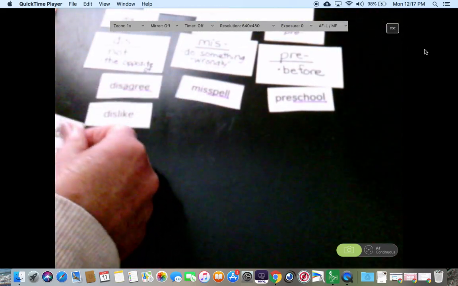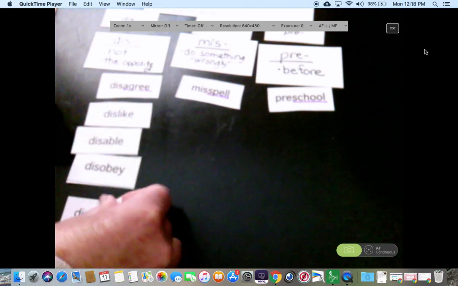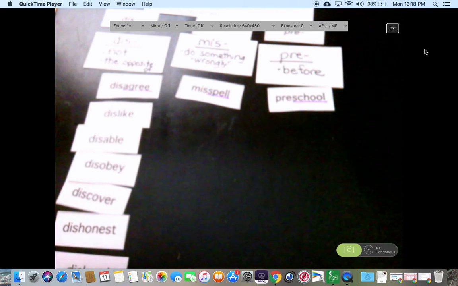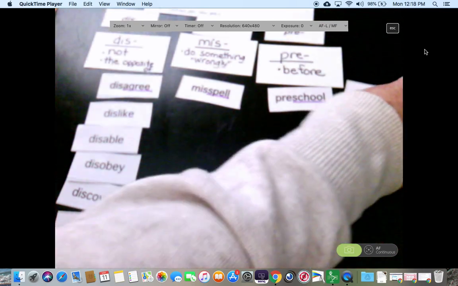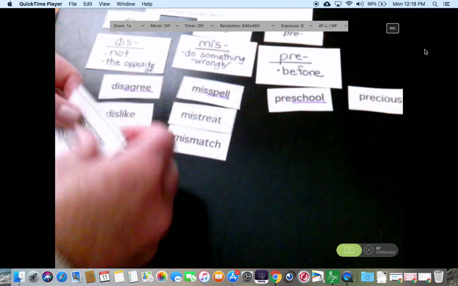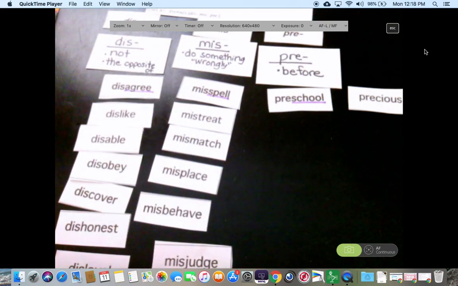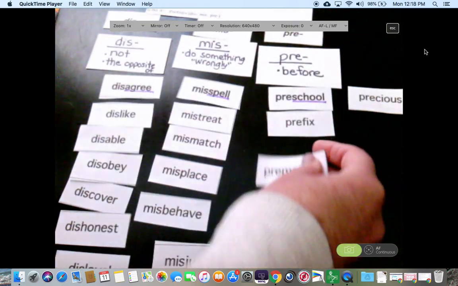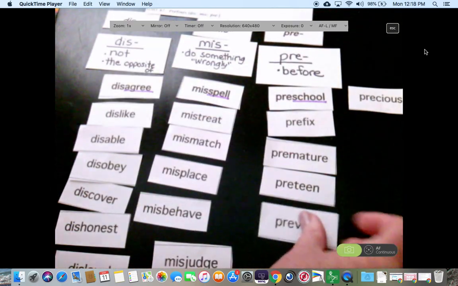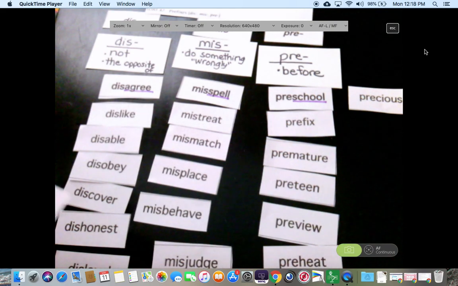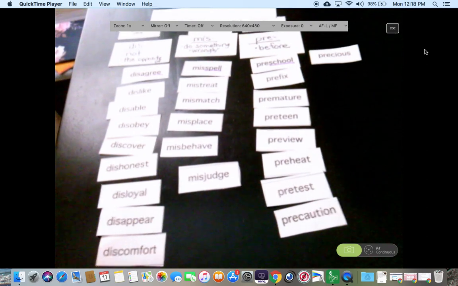Today's sort is going to be pretty simple, but while you're sorting, I want you to be thinking about the words and their meanings, and make sure that you understand what the word means, and that you're using the prefix meanings to help you expand your vocabulary and really understand these new words.